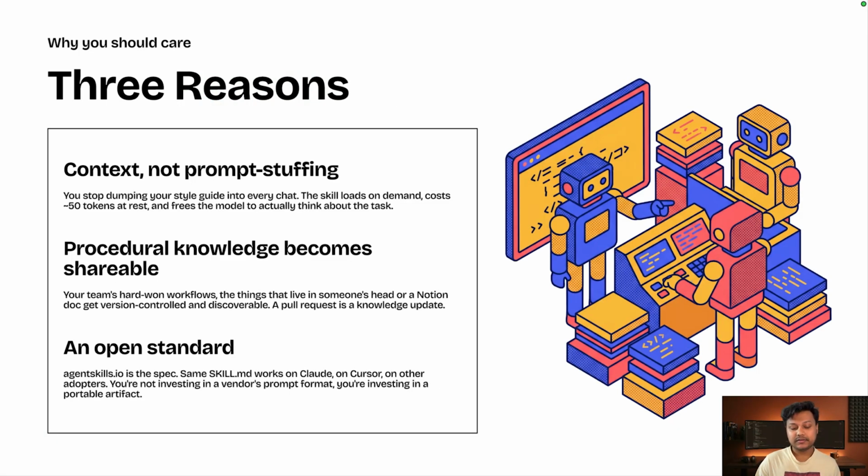So the bottom line here is you need to utilize skills because you need to keep your context concise so that the output you get from your LLM is accurate, and it also needs to be repeatable. And this process is procedural knowledge. Whenever you're trying to do a particular task, you have some steps in mind that only you can do. Maybe you know how to do this in XYZ steps, and this knowledge may not be available to someone else.